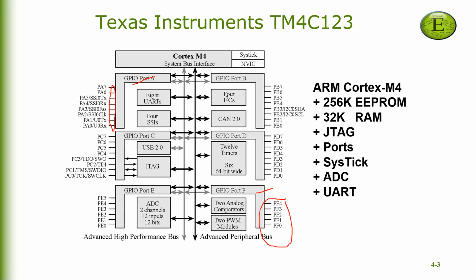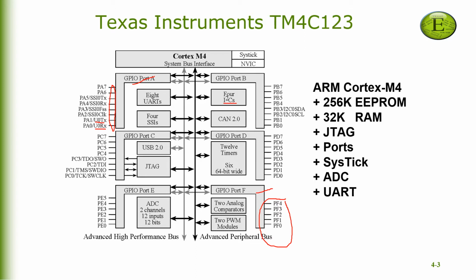Nevertheless, in case of all the input-output ports, there are some pins that can have alternate functions. So you can see that port A can be used either for general purpose input-output operation, or it can be used to implement some serial communication protocols, such as the UART protocol, or the SSI interface protocol, and in some cases you can also implement I2C.